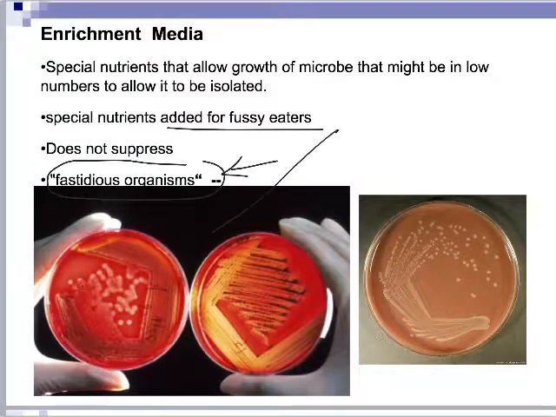So this is sheep's blood agar. And this is chocolate agar, which is blood that's been autoclaved, so the blood's been cooked. They say it looks like milk chocolate, which is really gross, but bacteria love it. Everything will grow on it. It's like having macaroni and cheese for organisms. So that's enrichment media.